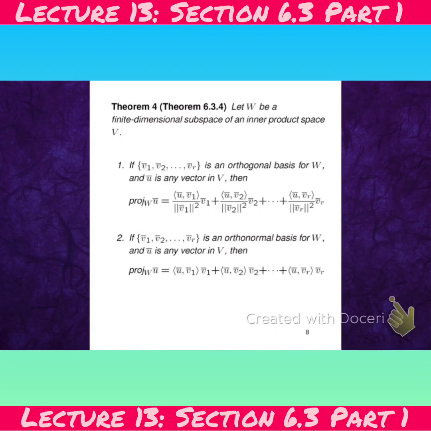Right, one last theorem before our main result. If you look at Theorem 6.3.4, let W be a finite dimensional subspace of an inner product space V, and if that set is an orthogonal basis for W, and u is just any vector in V, then we can project u onto W, and that is going to be this linear combination.